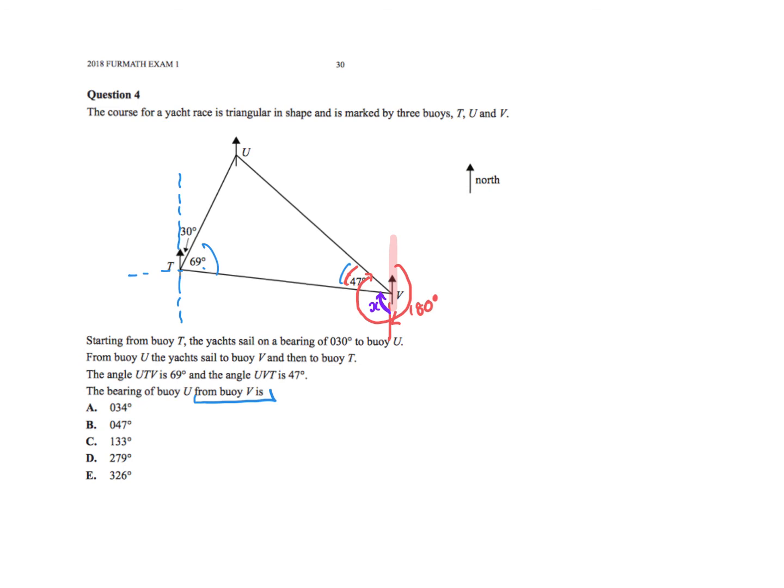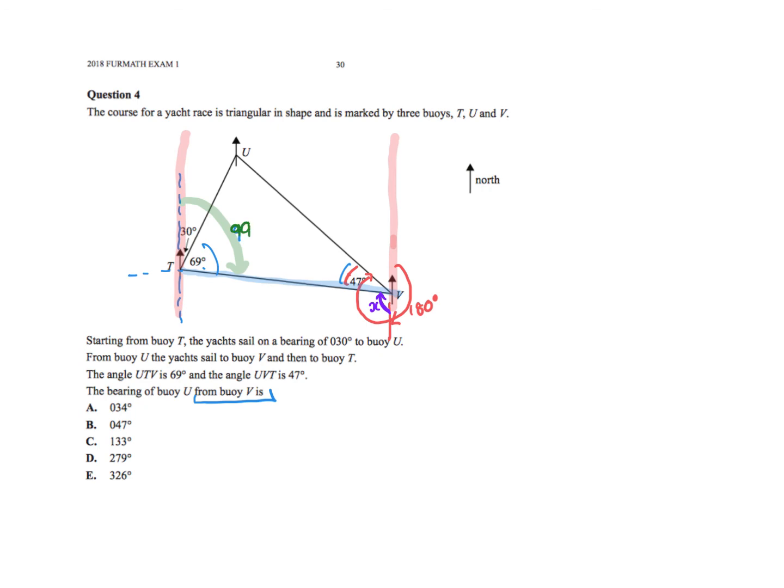Now, if we have a look, they told us this is like a north line coming up here, two north lines, and then you've got the line that's joining T and V. So we actually can see that this angle from there to there would be the 69 plus the 30. So this would actually be 99.